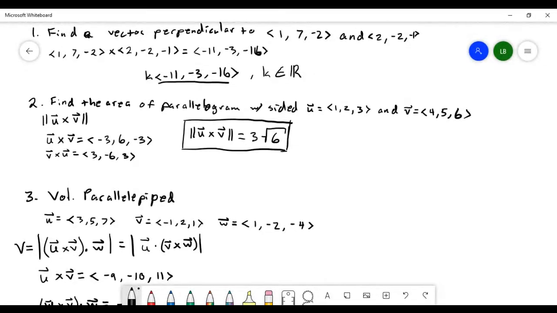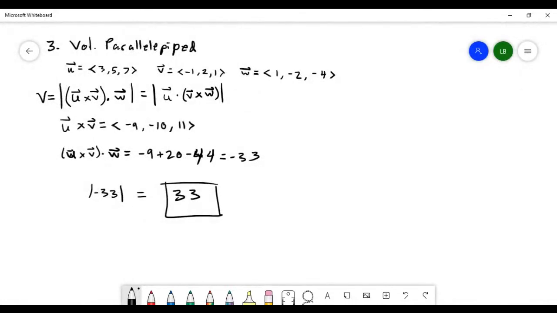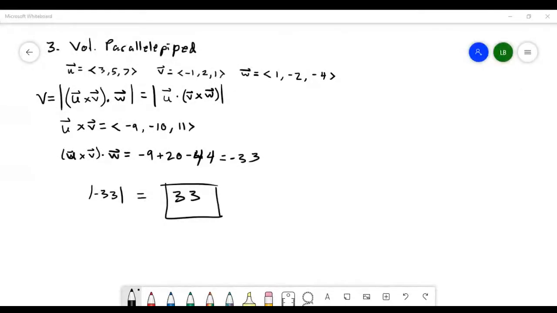Yep, no problem. All right. And are we good on number 3 as well? I have a question. Yeah, go ahead. So for question 3, we're assuming that those 3 vectors are adjacent from one point, right? Yes. So does it matter if vector V is on the outside?